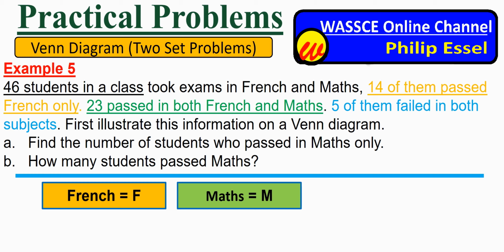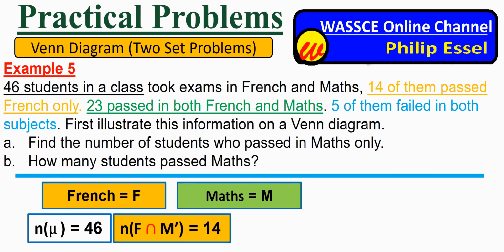We are then told that 14 of these students passed French only. The word only is very important, so let's write that information down. So 14 only can also be represented by the number of F intersection M complement, all in brackets, which is equal to 14.